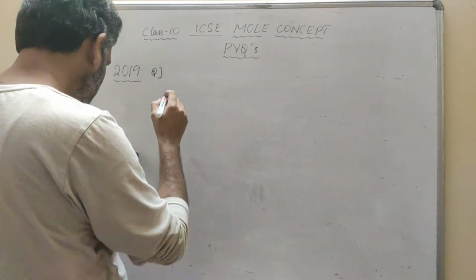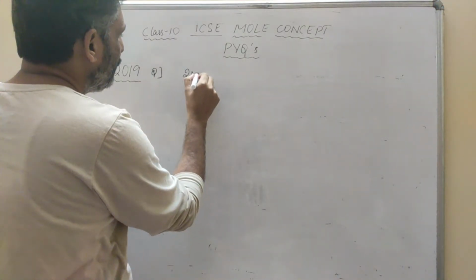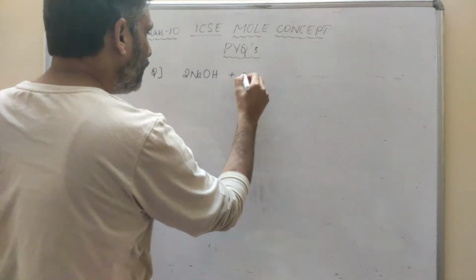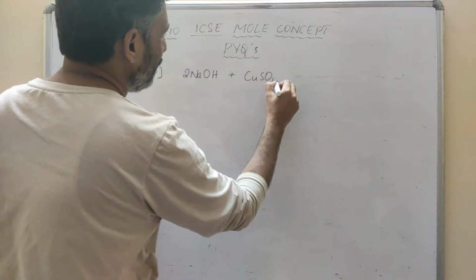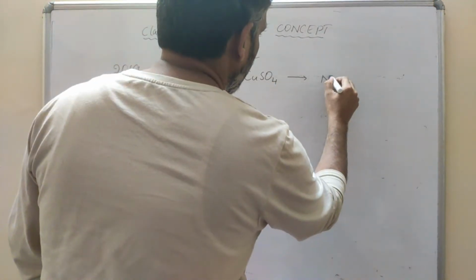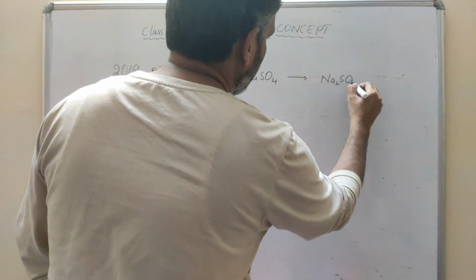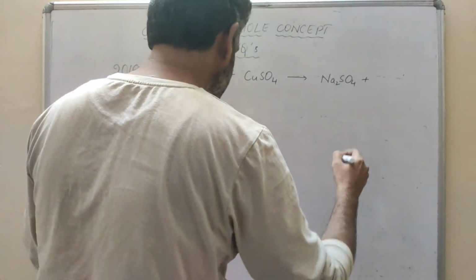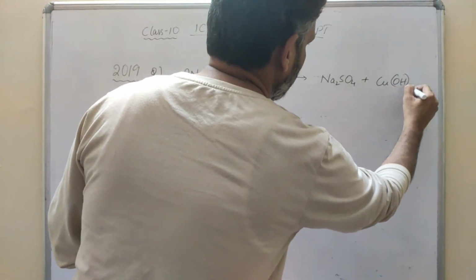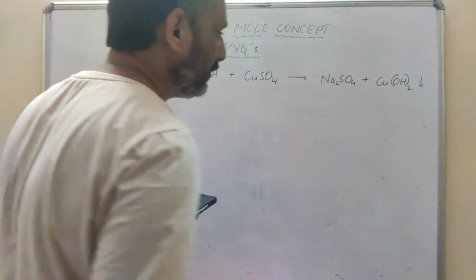So this is the equation given. 2 NaOH plus copper sulfate gives Na2SO4 plus copper hydroxide, and it is showing it is a precipitate.